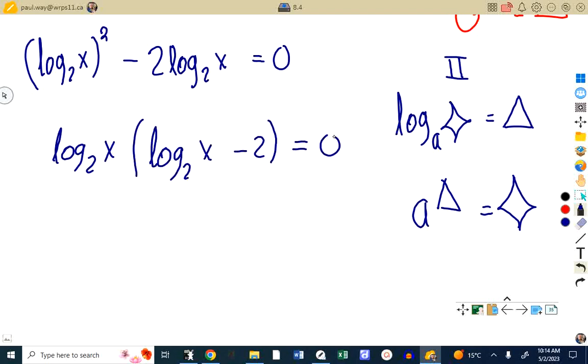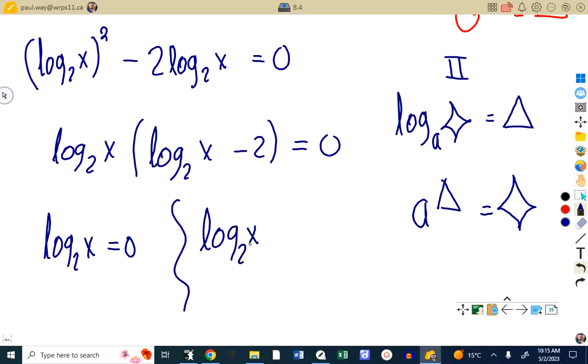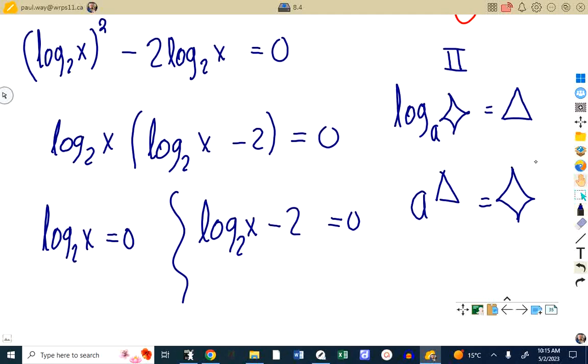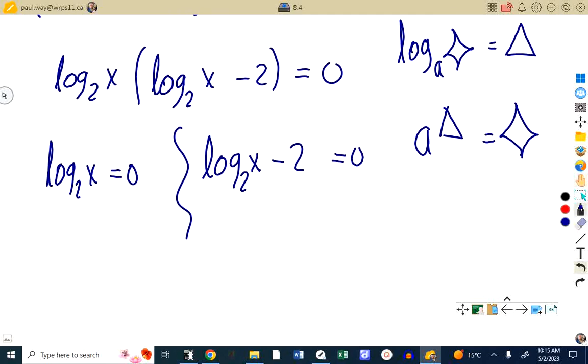Now, before in my analogy, we would just say, oh, A is 0 and A is 2. But what we have to do here is say log base 2 of x is 0, and log base 2 of x minus 2 is 0. The second equation becomes log base 2 of x equals 2.